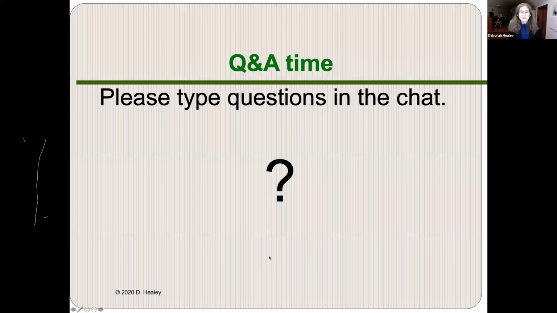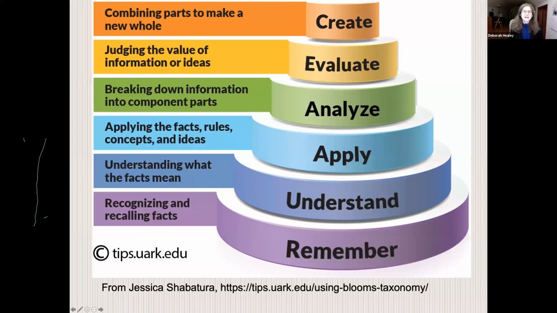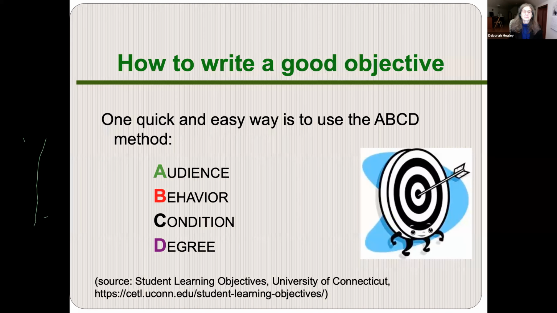A question about repeating what ABCD means. Let me go back to ABCD. Audience, behavior, condition, and degree. So you have those 4 things. Remember, the audience is who are we talking about? The students. Normally they're your students. The behavior is observable. This is what they are doing.